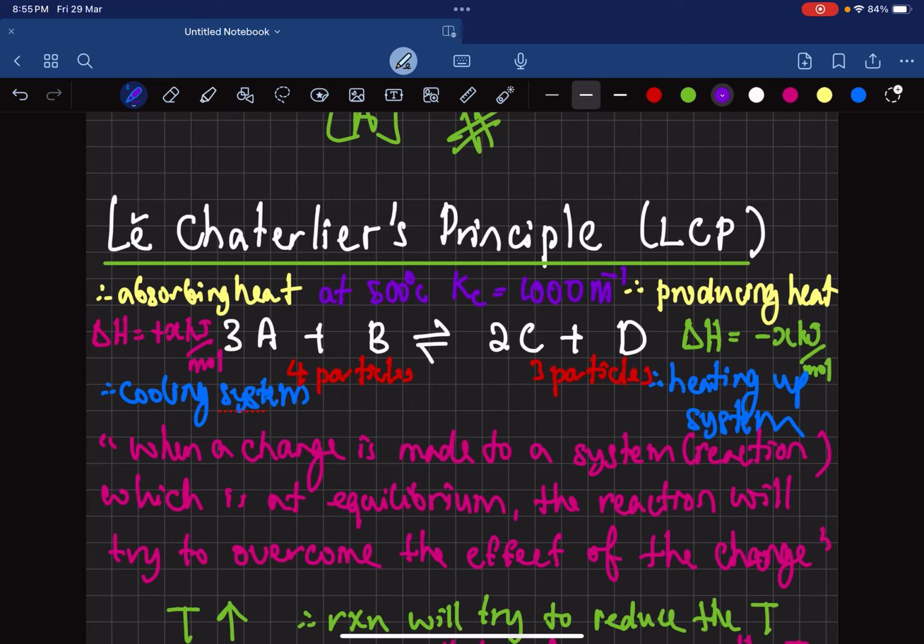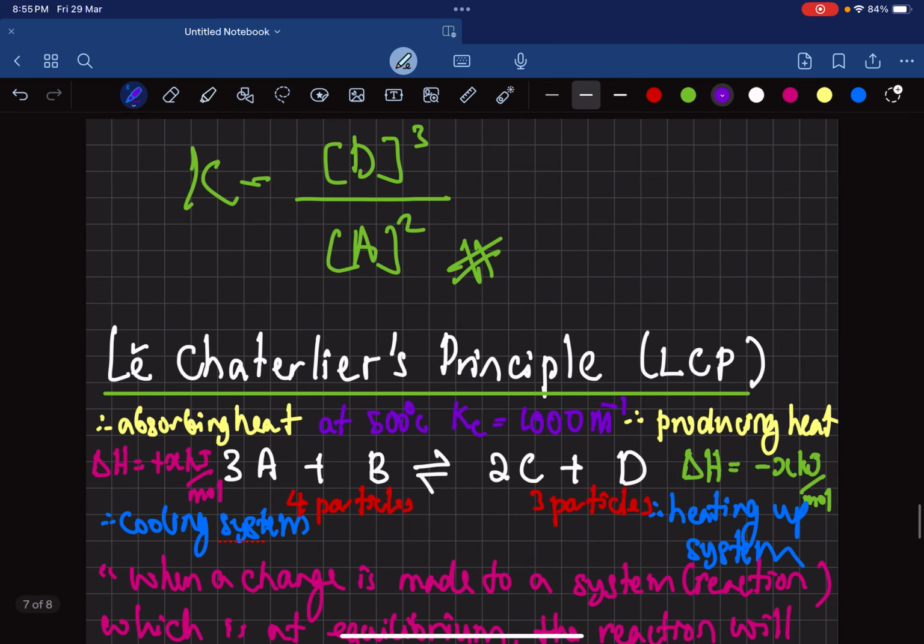What is happening is the amount of reactants will increase, right? Because if you remember, the K for this particular equation is going to be C to the power of 2 times D, over A to the power of 3 times B. So you notice that the product is at the top, reactant is at the bottom.